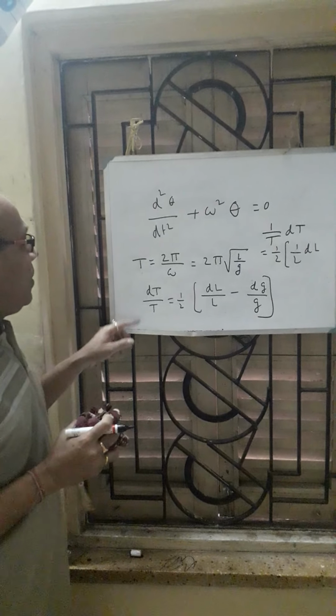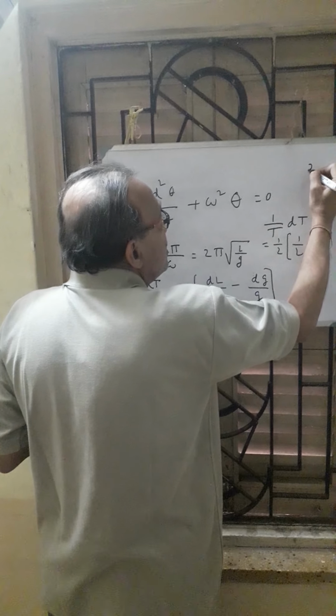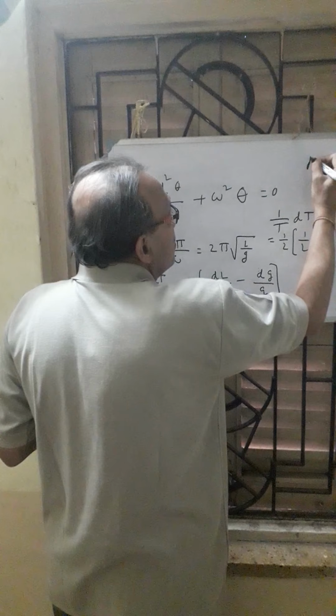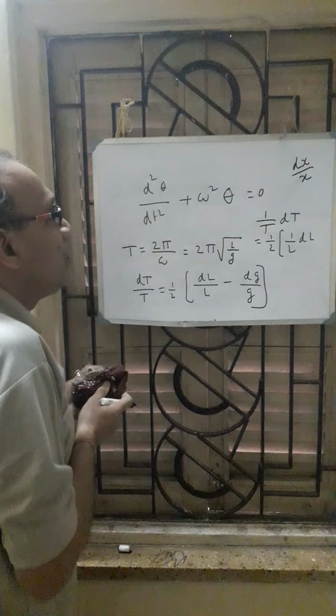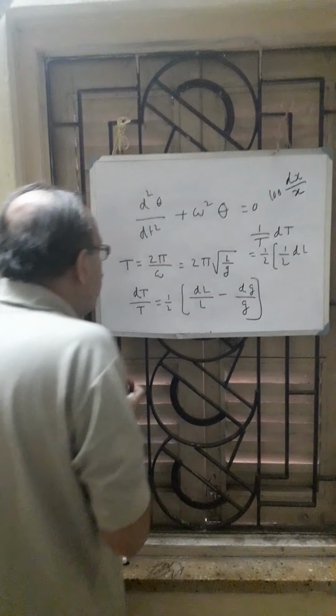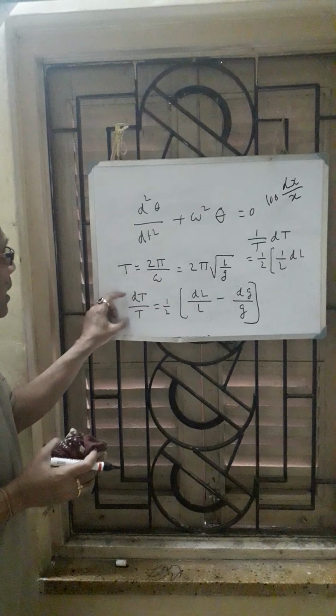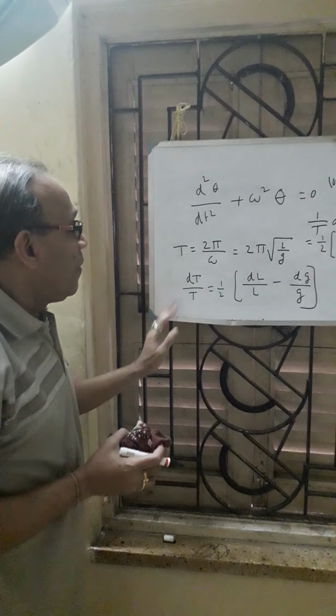Now, three things again. You know from mathematics, from class 12, if x is the variable, then dx is called the error and dx by x is called the relative error, and 100 into dx by x is called the percentage error. Relative error in measuring time period is simply this.